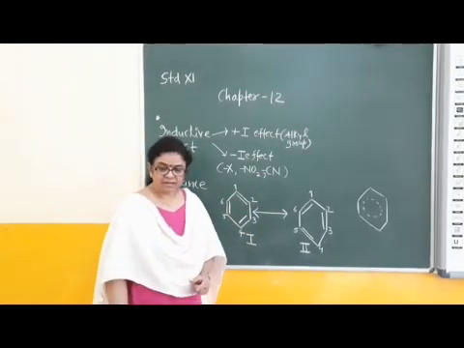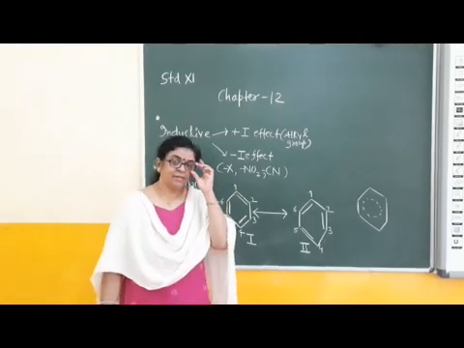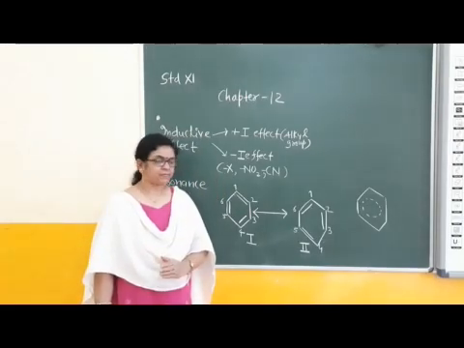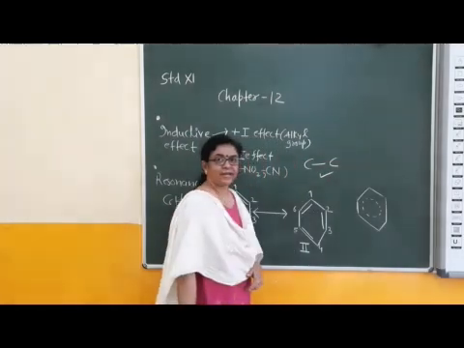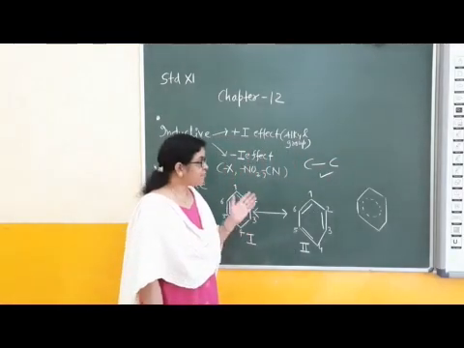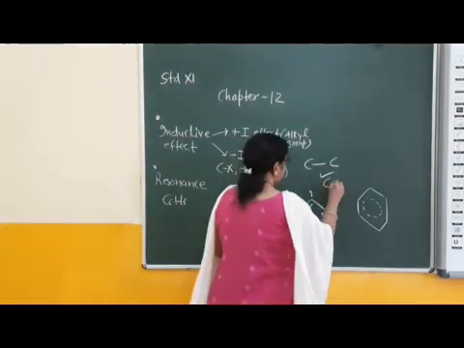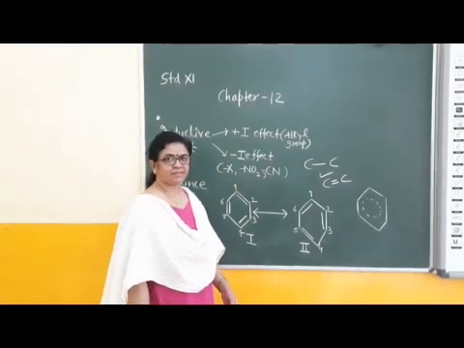In ethane, the carbon-carbon bond length is equal to 154 picometer. This carbon-carbon bond length in saturated hydrocarbons is 154 picometer. In alkenes, the carbon-carbon double bond is 134 picometer.